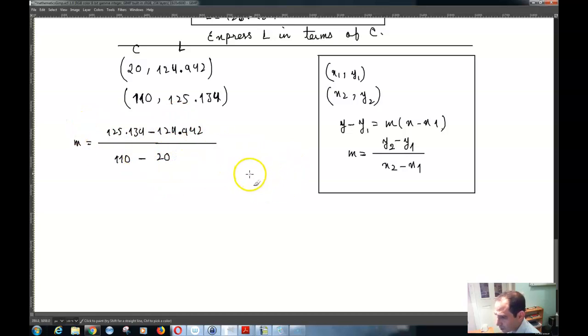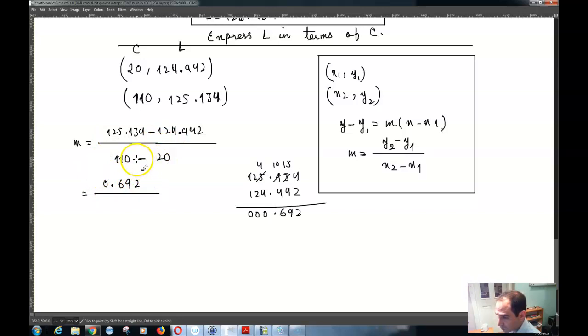Now the numerator, 125.134 minus 124.942, gives 0.192, and the denominator, 110 minus 20, is equal to 90.